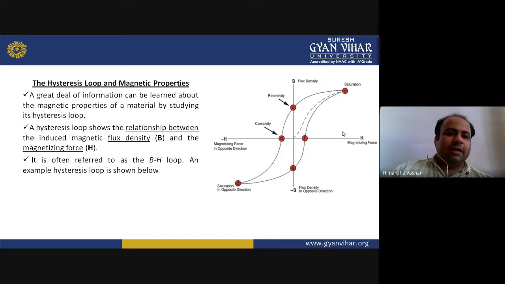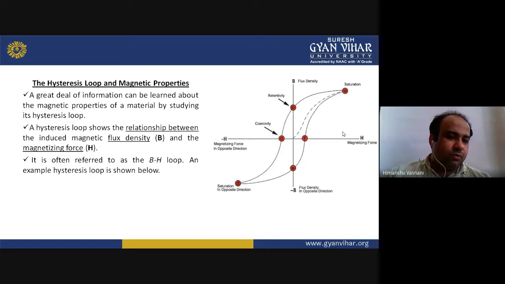So it is often referred to as the BH curve.